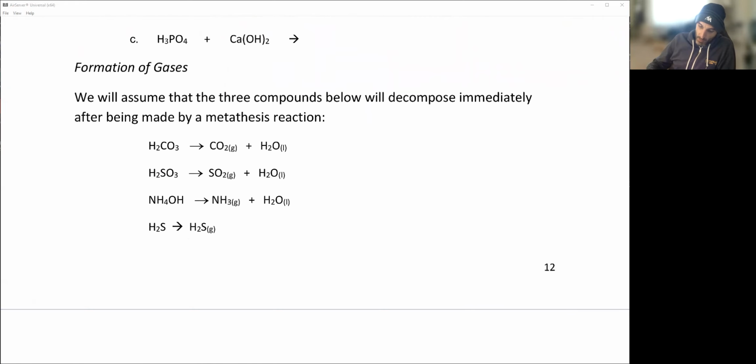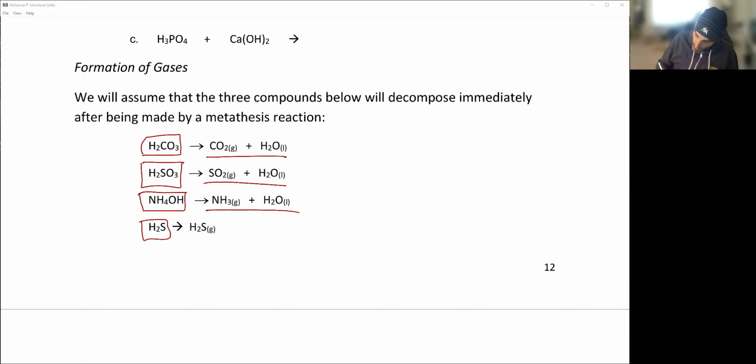Formation of gases. There are a couple that are actually pretty interesting. If you end up with any of these as products, they immediately turn into these. So if you're doing an acid-base reaction and you find H2CO3 as a product, you are going to form CO2 gas.